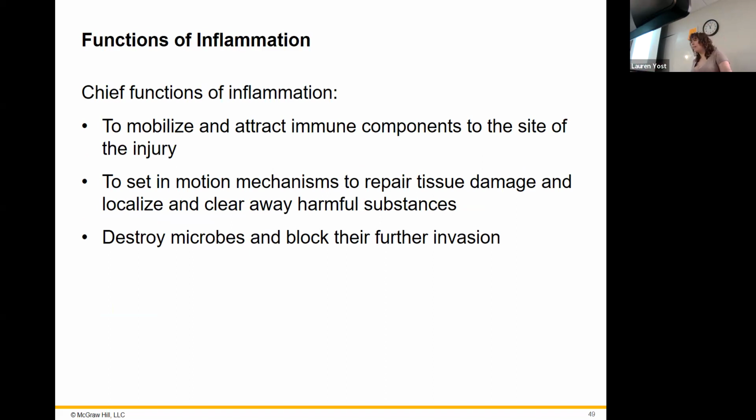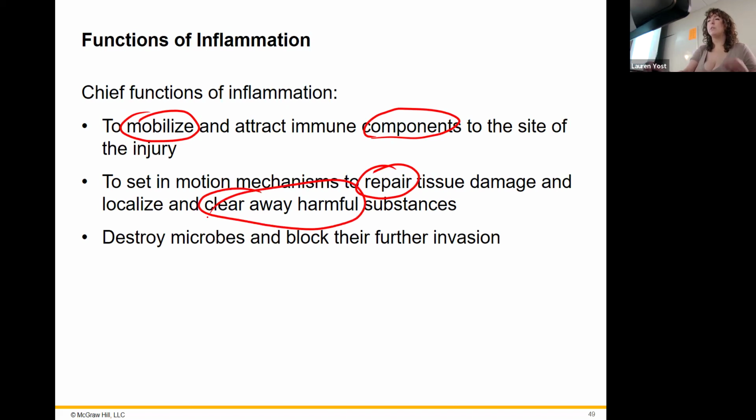So what is the point of inflammation? What does it do? Why do we have it? It helps to mobilize and attract immune components to the site. So anything relating to fighting these guys that isn't acquired, because we don't have that going yet, we're going to mobilize to the area. It's going to set in motion mechanisms to repair tissue damage in that area, as well as clear away any harmful substances.